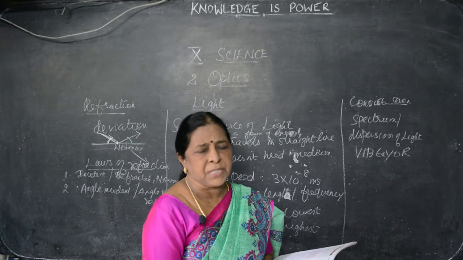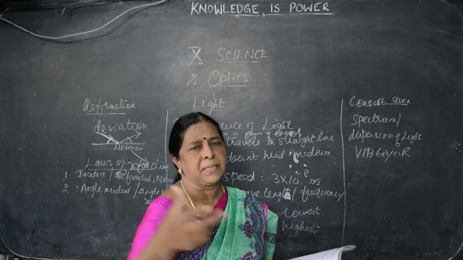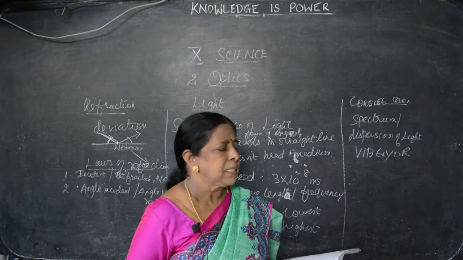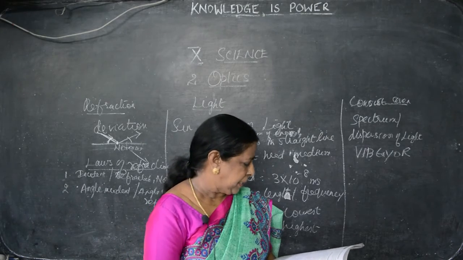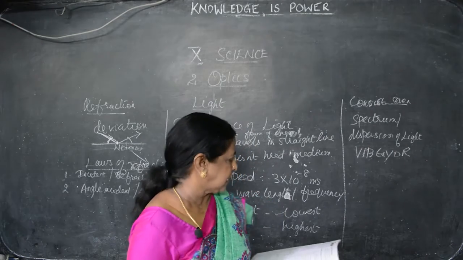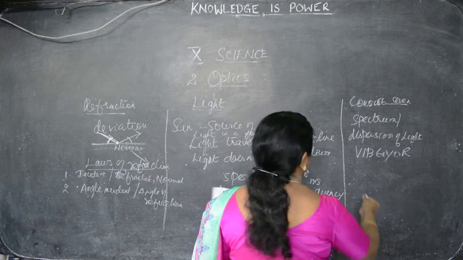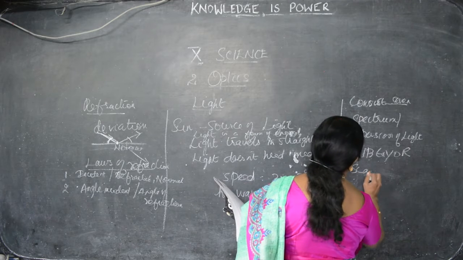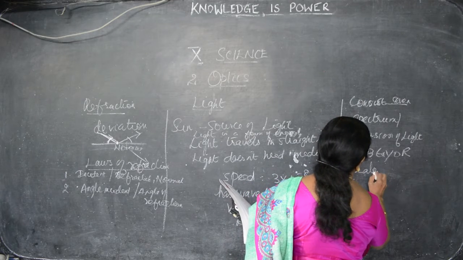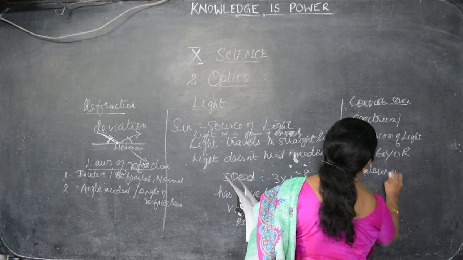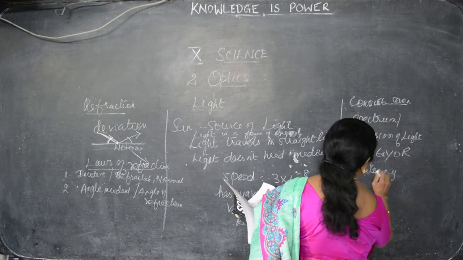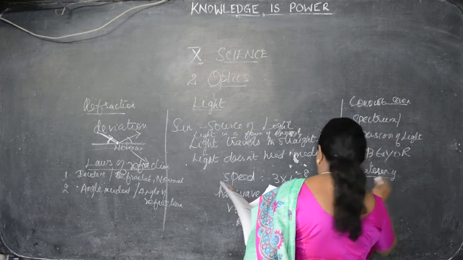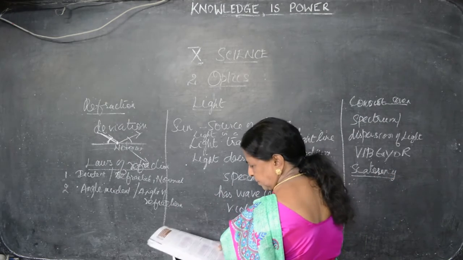There are many types of scattering. Scattering of light is when light is scattered all over the place. That is known as scattering. There are many types of scattering. What are they? We have to see. You must know the matter, that's why, but it's not related to the lesson. What are the types of scattering?